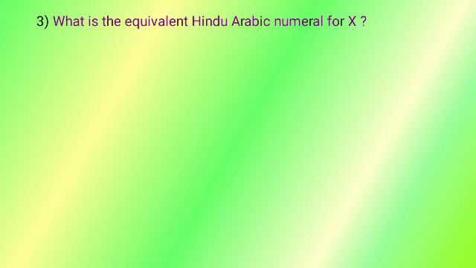Next question. What is the equivalent Hindu-Arabic numeral for X? It's very simple. Here are the options: 1, 5, 10, 15. Which option is correct? Obviously C, that is 10.